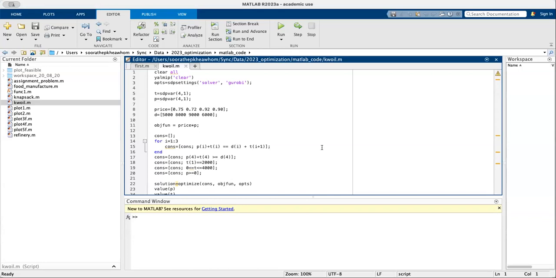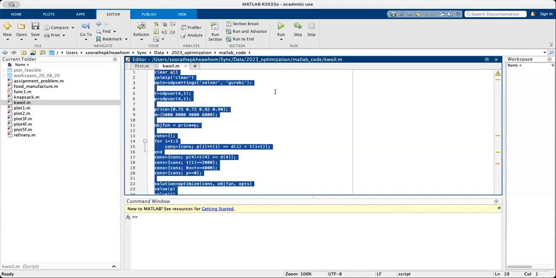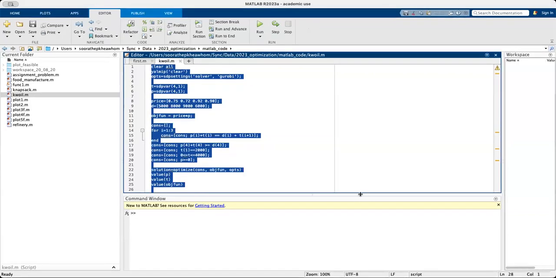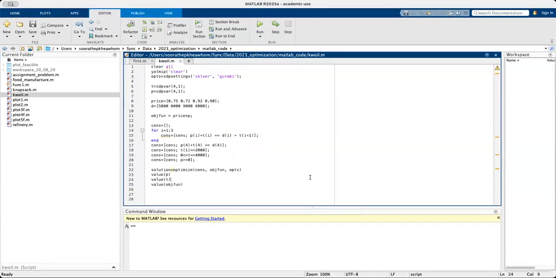I try to increase the font. Just one moment. Can we increase the font? The font still doesn't change.